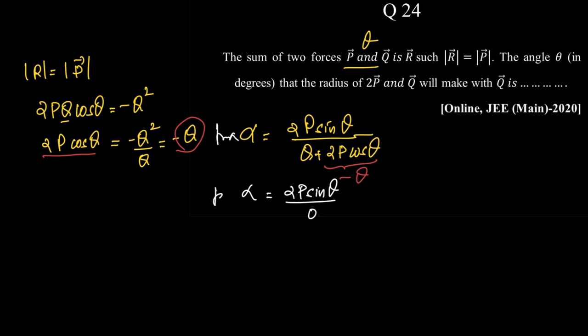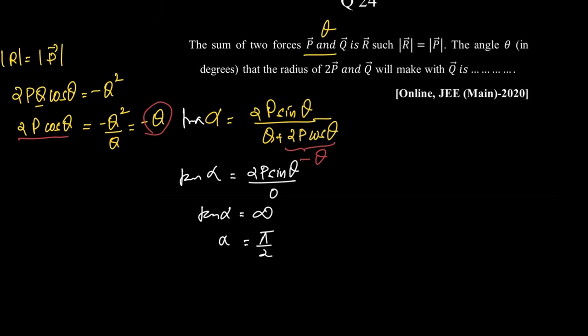So tan alpha is equal to 2p sine theta by 0, which is infinity, and therefore alpha is equal to tan inverse infinity, which is pi by 2. And therefore the correct option here would be pi by 2.